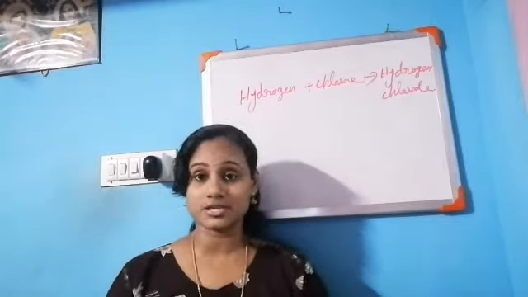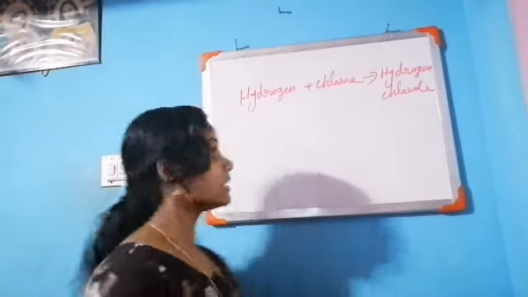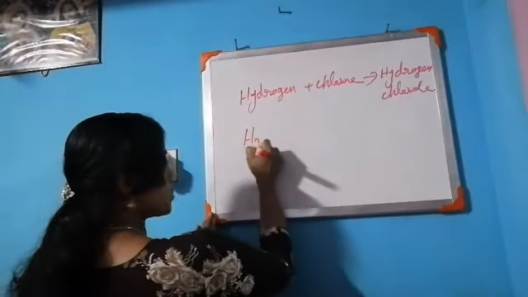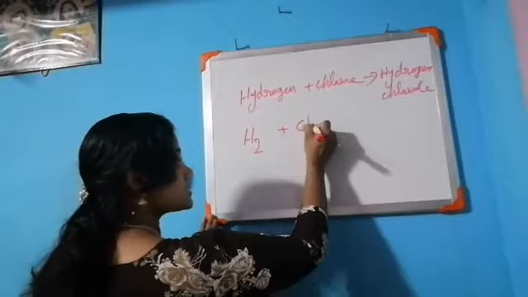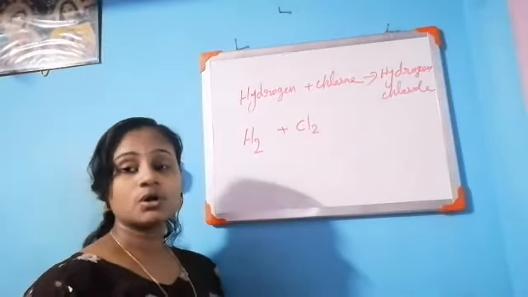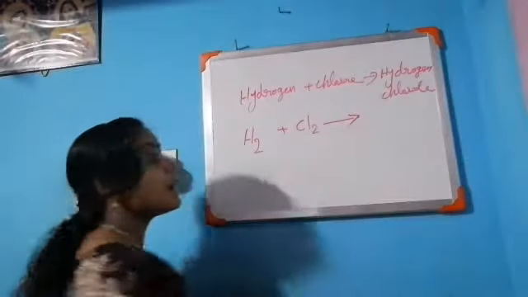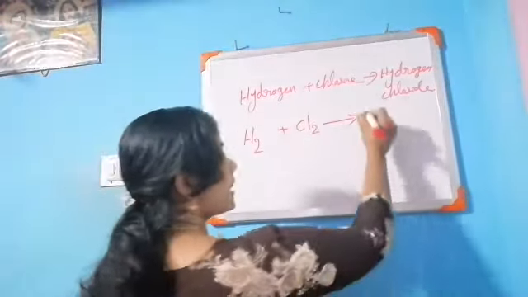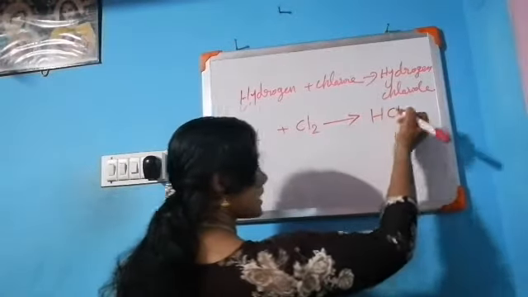We know that hydrogen and chlorine are both diatomic molecules. How can we write it? H2 plus chlorine Cl2 to form hydrogen chloride. Hydrogen H, chloride Cl.